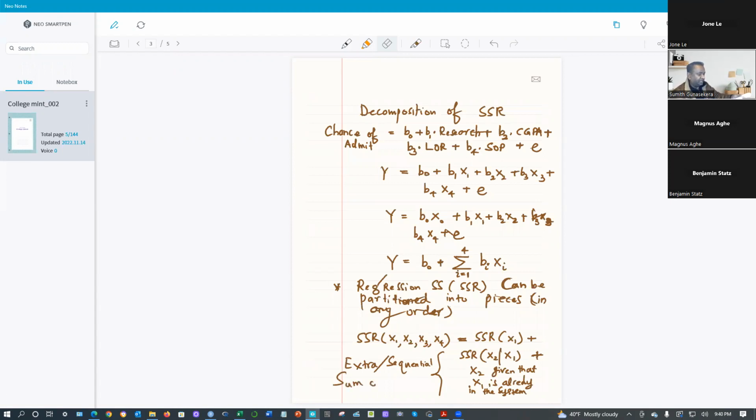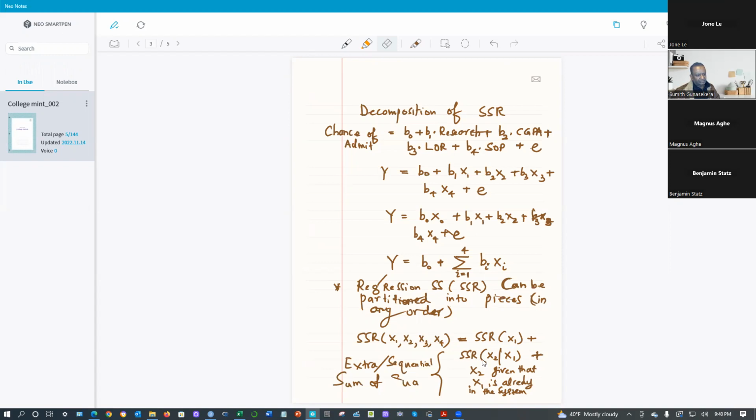Now you might be thinking, how are you gonna calculate this one? Let's say this one, SSR x2 given x1. For the first one, you have only one variable, only research in that equation. You have taken into account only one explanatory variable, which is research, and you can fit that data into a simple linear regression.